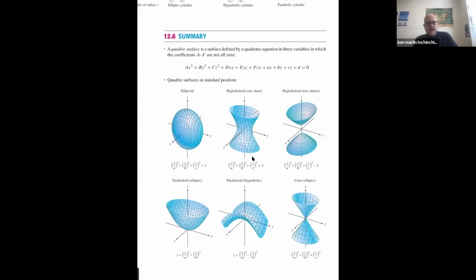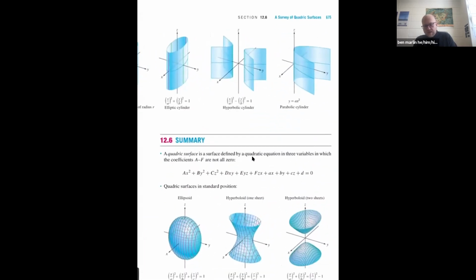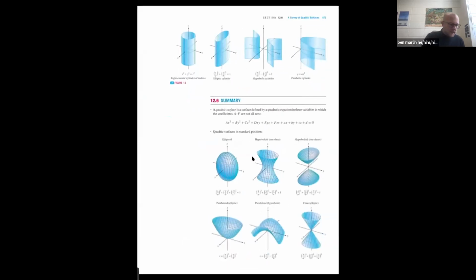They go ahead and make mention that you can replace the x and y and z with x over a and y over b and z over c and stuff like that. But they don't actually do the stuff with completing the square and transferring the center to different places. You might also notice up here at the top of the page, they do some things with parabolic, hyperbolic, and elliptical cylinders. Oh, and right circular cylinder. So those are available in your textbook and are probably one of your better resources to look at there.